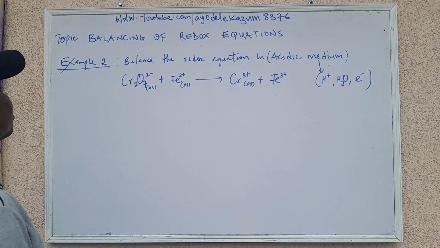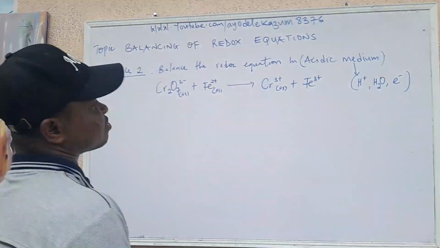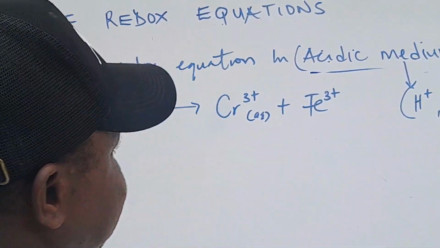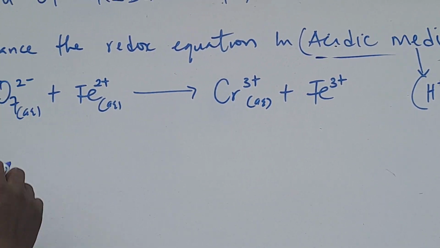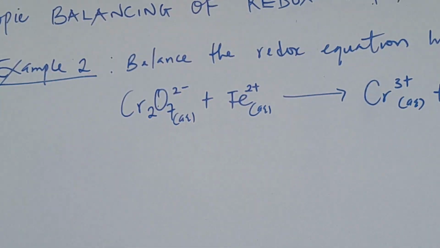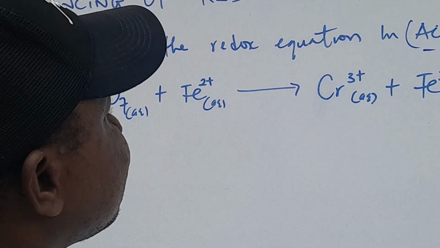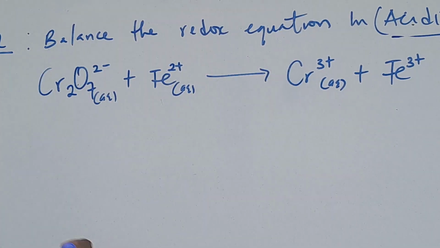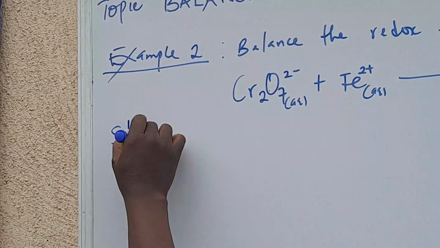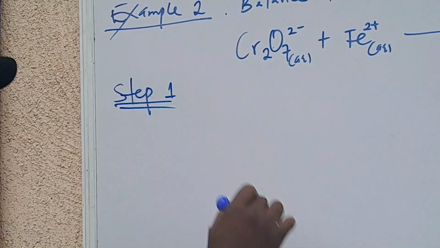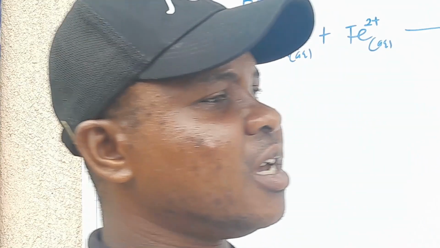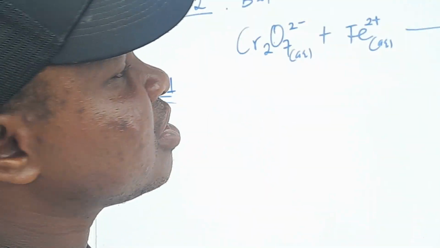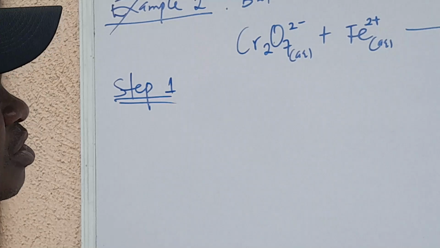Let's check example 2. Balance the redox equation, also in acidic medium. Cr2O7 2- + Fe2+ yielding Cr3+ + Fe3+. The first step, remember, is for us to identify both the reduction half equation and the oxidation half equation.